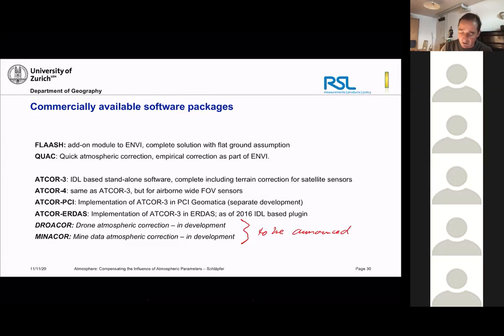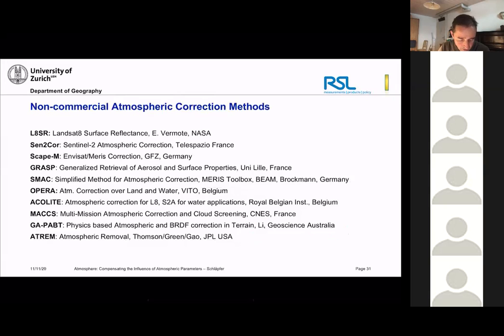And I think we can come up with quite a good solution for that as well. I don't go into those today because it's not yet published and not yet finished, but I think it's on the way. There are lots of other correction methods which are not commercially available, but you can get them directly from the developer. Sometimes you can try them yourselves, and some of them are quite good, quite well done.